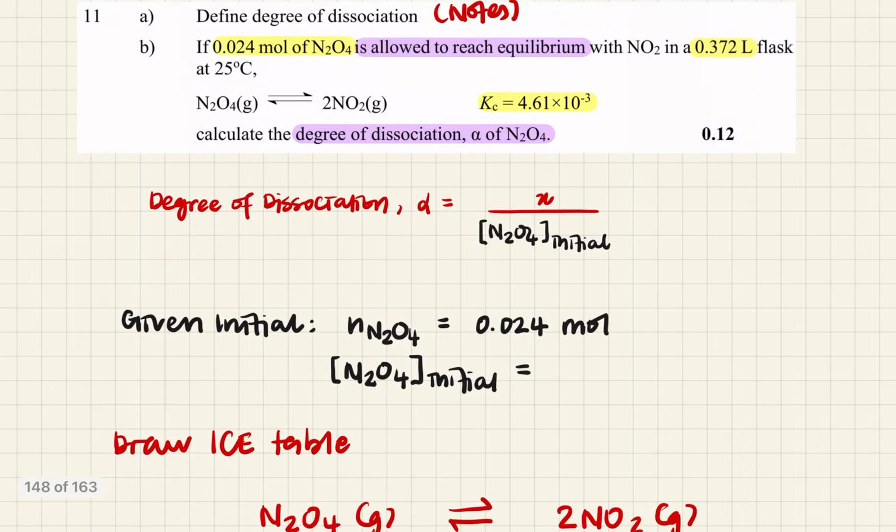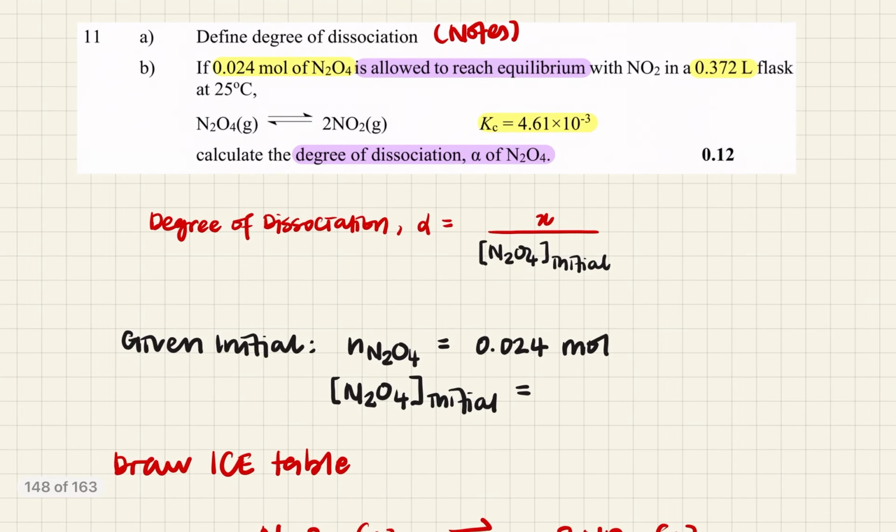So first of all, we are going to look at degree of dissociation. What is the formula? When you let the degree of dissociation alpha equal x over the initial concentration. In this case, it is N2O4 because we want to find the degree of dissociation for N2O4.